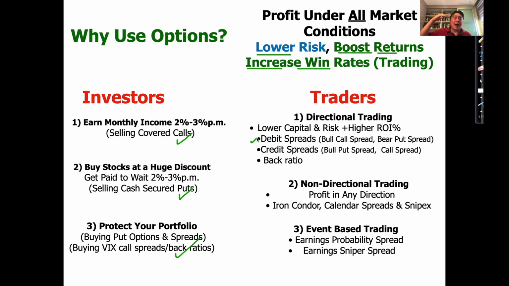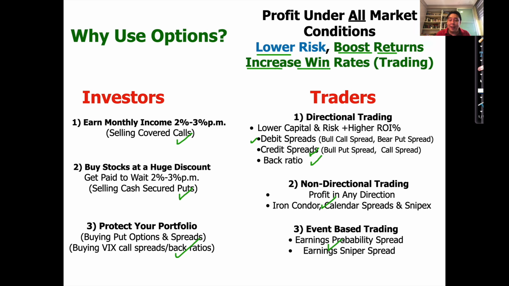And in options Iron Striker, which is the level 2 advanced class, we'll be covering credit spreads, back ratios, non-directional trading, and event-based trading. And once you've learned all these different strategies, you have the confidence to conquer the markets and profit regardless of market direction. Whether the market goes up bullish, goes down bearish, sideways neutral, or high volatility, low volatility, it doesn't really matter.